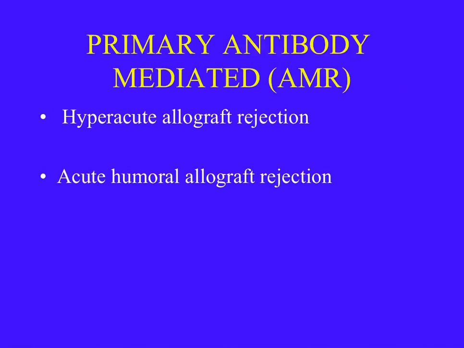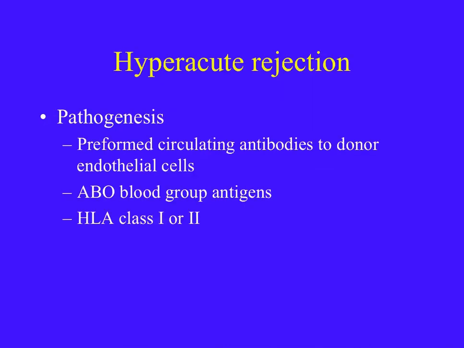Two types of primary antibody-mediated rejection exist, with the hyperacute variant being the most dramatic and rapid one, where we have immediate graft loss at the time of the transplantation due to pre-existing antibodies in the pre-sensitized recipient.